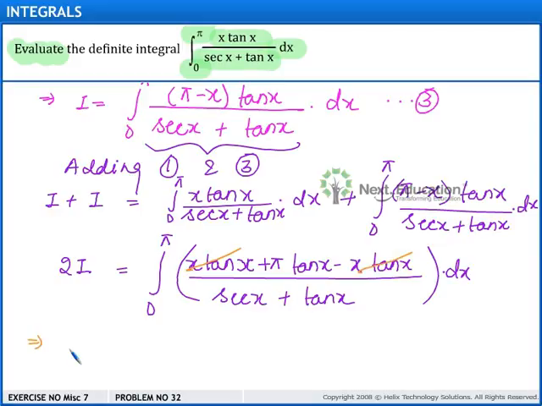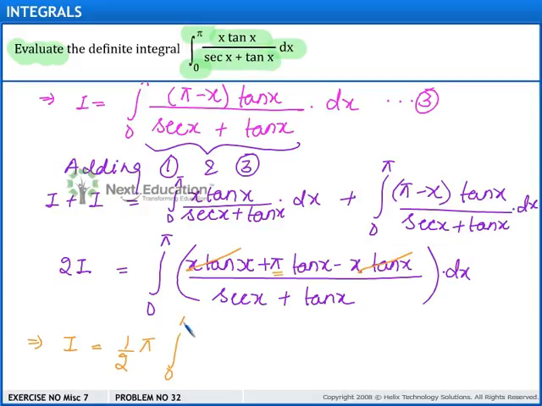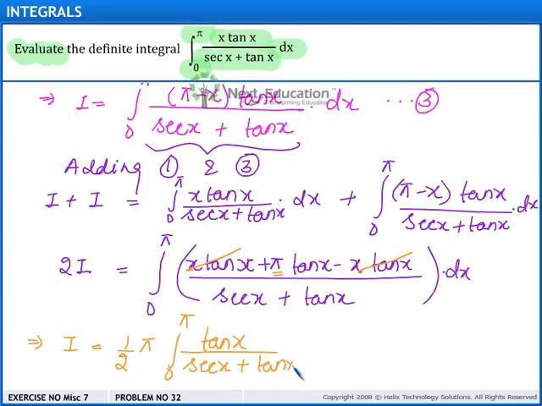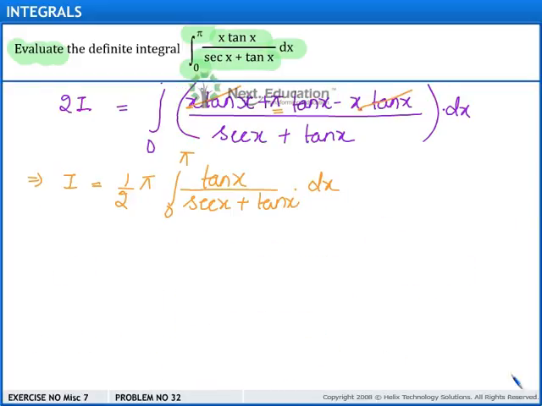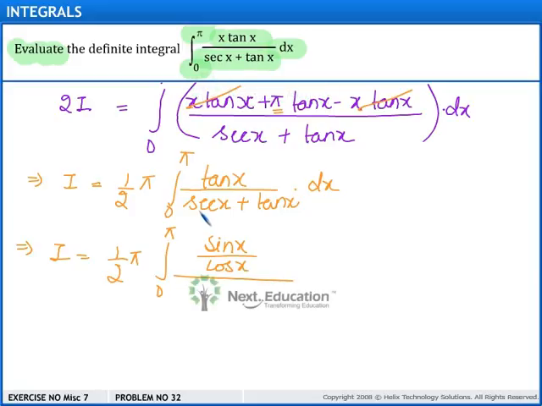So this further implies that I is equal to 1 upon 2, taking pi common, the integral from 0 to pi of tan x divided by sec x plus tan x into dx. This further implies that I is equal to half pi times the integral from 0 to pi. Tan x can be written as sin x divided by cos x, whole divided by, here sec x is 1 divided by cos x and tan x is sin x divided by cos x.